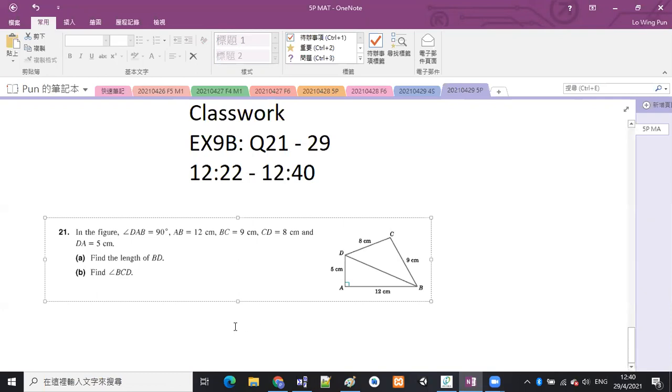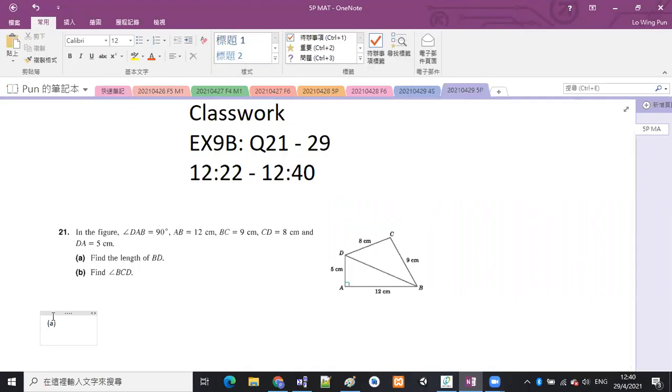Okay, let's check the answers. So number 21, DAB is 90 degrees, AB is 12, BC is 9, CD is 8, DA is 5. Find the length of BD. So BD belongs to triangle BAD, and BAD is a right angle triangle. So we do not need to use the sine formula or cosine formula.